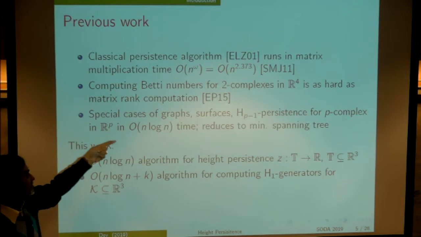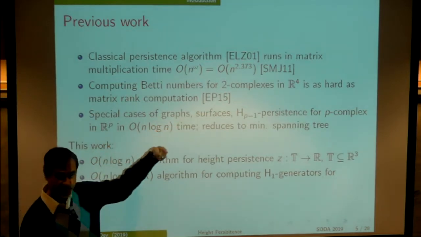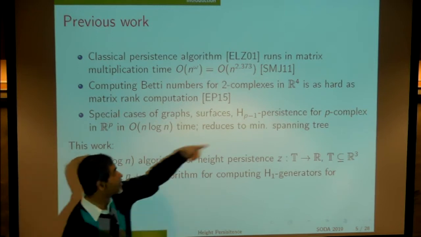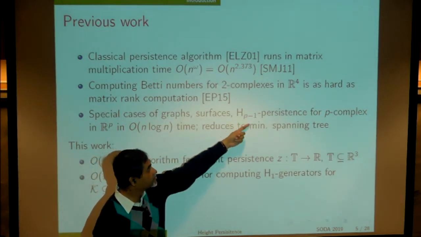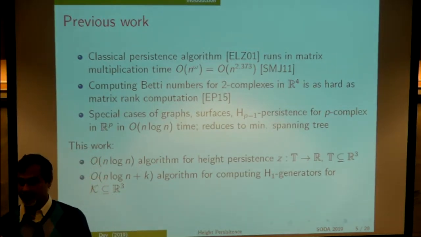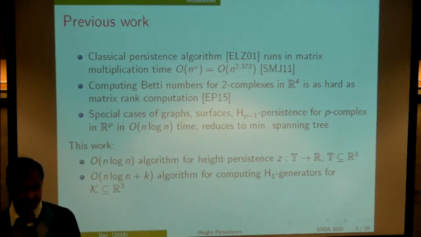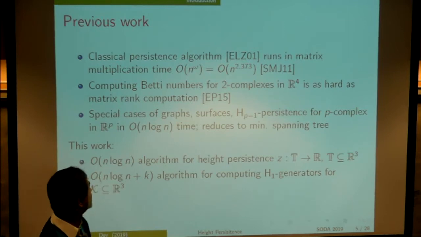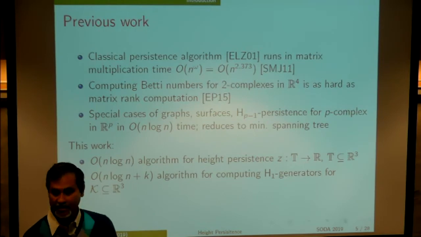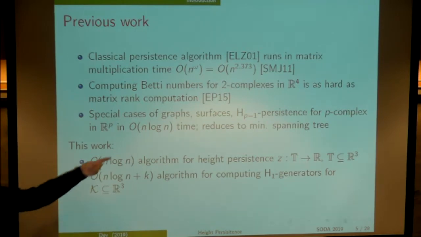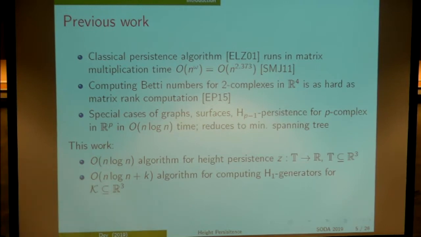If you take the special cases of graphs, functions defined on surfaces, or if you take the (p-1)-persistence for p-complexes embedded in Rp, like 3-complexes embedded in R3, then for those, persistence can be done in n log n time, very easy.